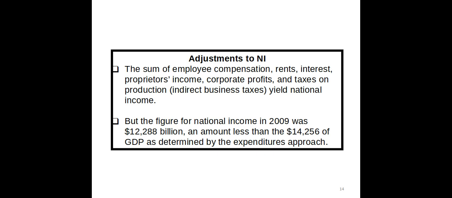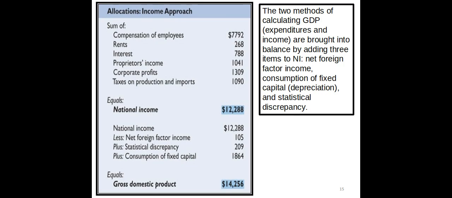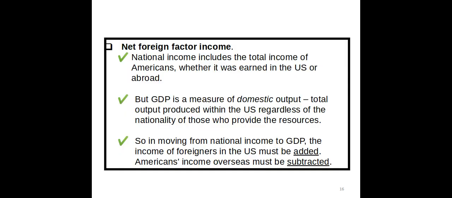That's a lot to be just kind of missing. So we have to make some adjustments. And those adjustments are going to be looking at three different items: net foreign factor income, consumption of fixed capital, and statistical discrepancy, which is by far my favorite economic concept.